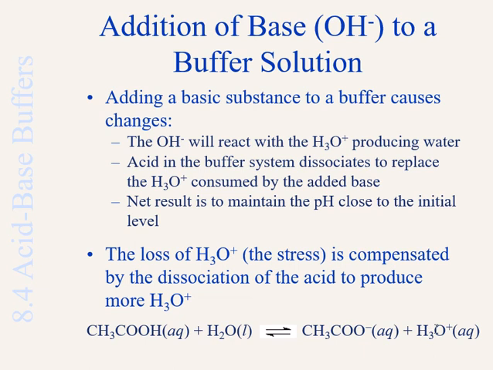Instead, it's going to affect this equilibrium. We have just added a stressor to this equilibrium by adding H3O plus. Hence, the equilibrium will shift to the left. Because we added this, it must be consumed, shifting the equilibrium to the left. As it shifts to the left, most of the added H3O plus will be consumed.